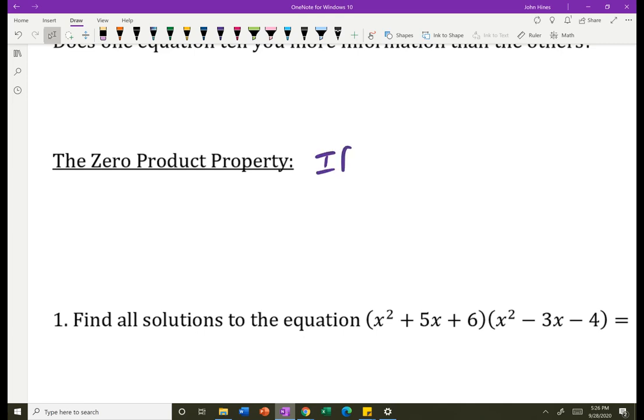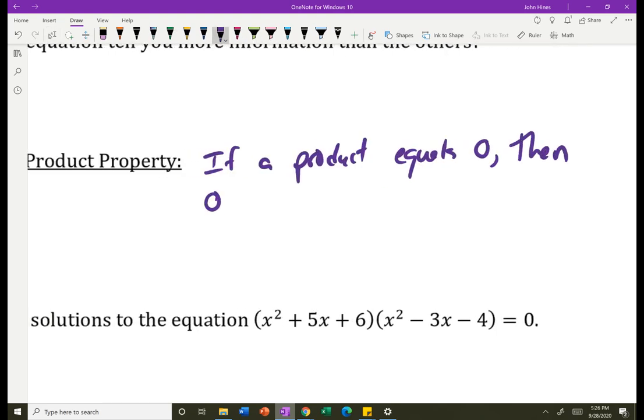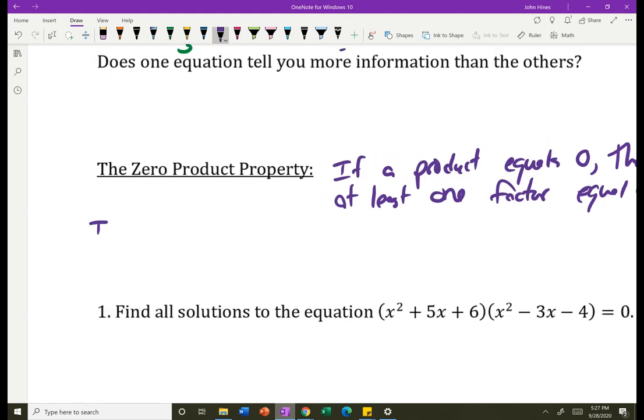It says if a product equals 0, then at least one of the factors equals 0. So in symbols, if a times b equals 0, then a is 0 or b is 0. If I find the product of two things and get 0, one of those things had to have been 0.